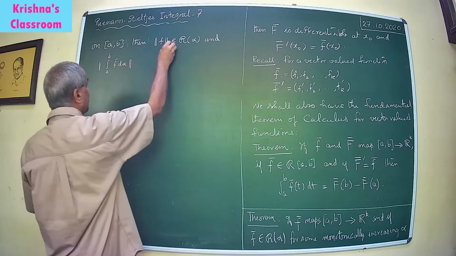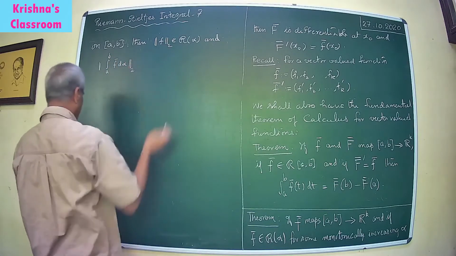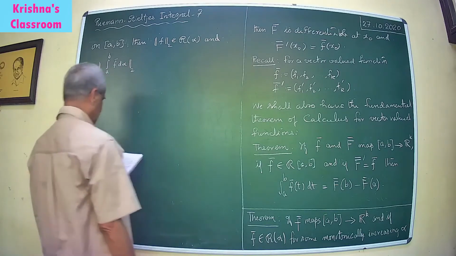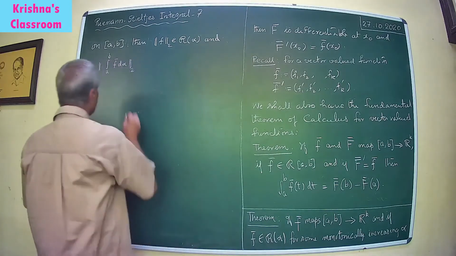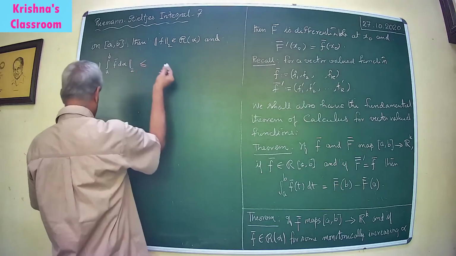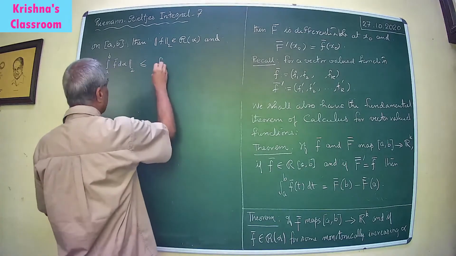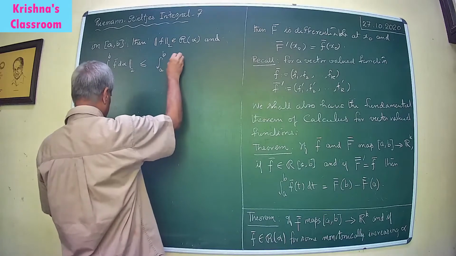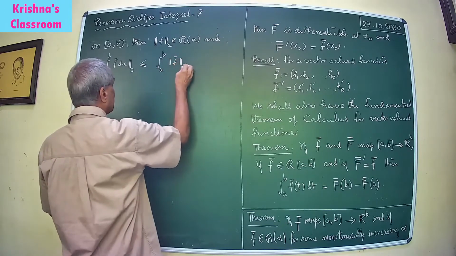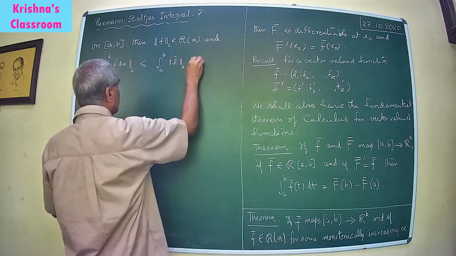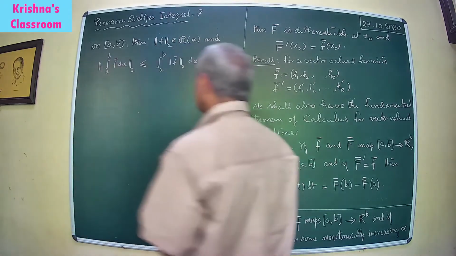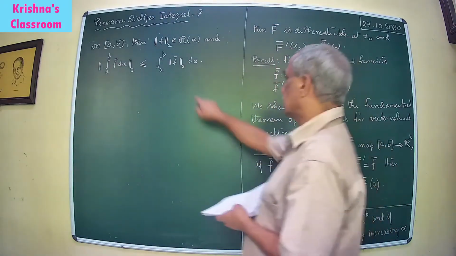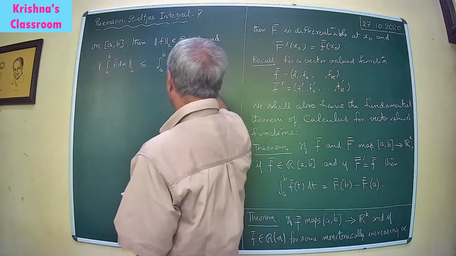The norm we have defined earlier. This is less than or equal to the integral from a to b of norm f bar d alpha. So this is a scalar valued function.